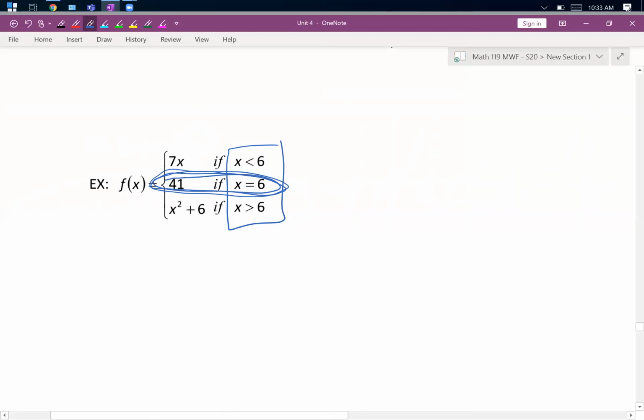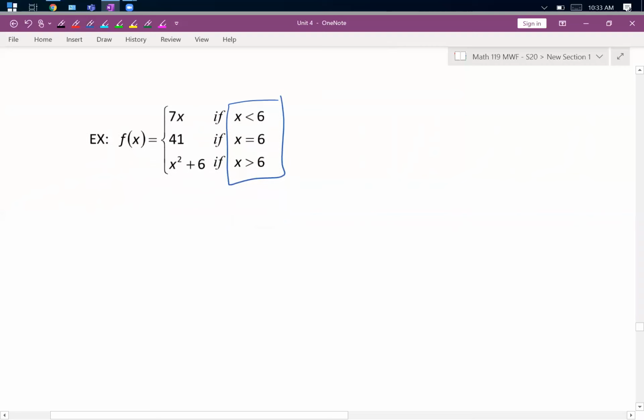I know it's not going to be discontinuous anywhere else, because 7x is a line, so that's not discontinuous. X squared plus 6 is a quadratic, a polynomial. That's not discontinuous anywhere. So the only place we could possibly have a problem is at 6, where everything is meeting. So we'll just take the left and right hand limits. If we get anything other than 41, since that's our actual value at 6, then we know that we're discontinuous at 6.